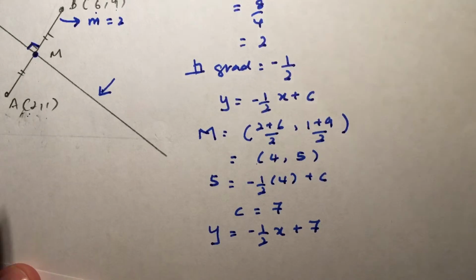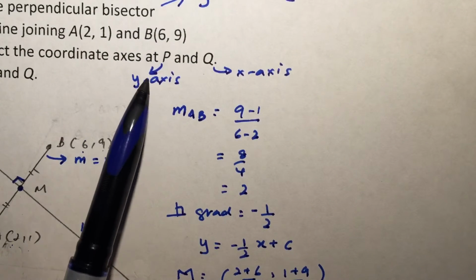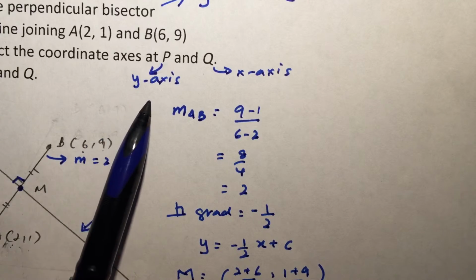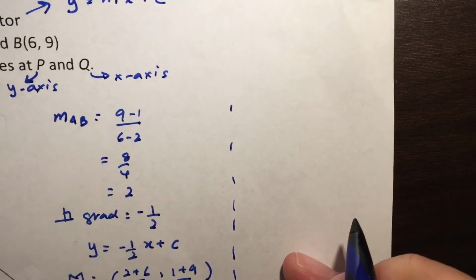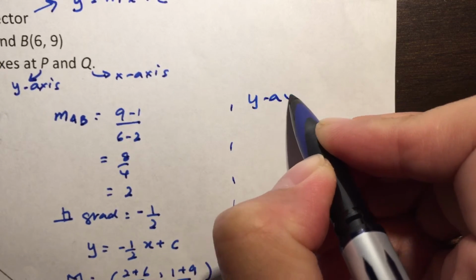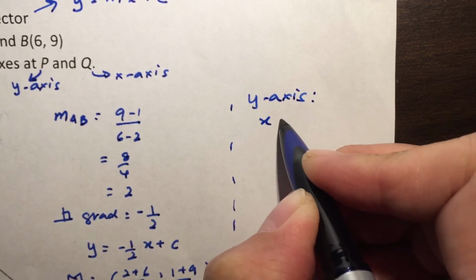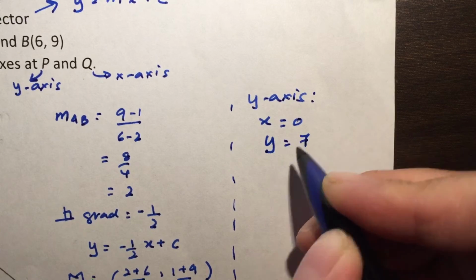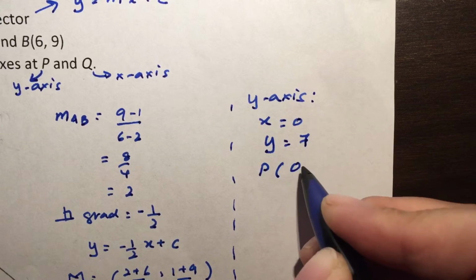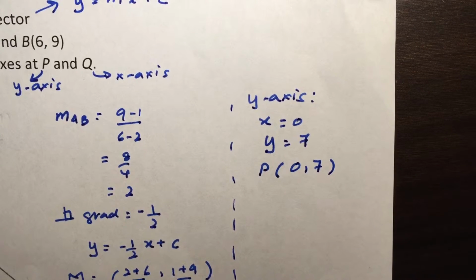Since we have already deemed that P is the point that cuts the y-axis, what we can do is that at the y-axis, my x value is 0. So which means that my y equals 7. Therefore, my P coordinate will be 0, 7.